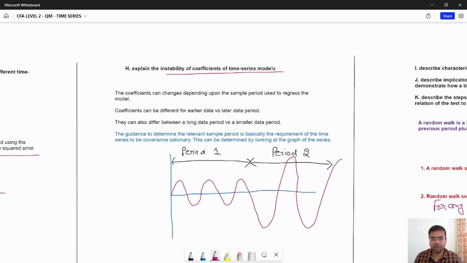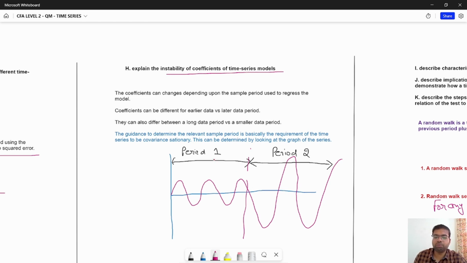The guidance is we look at the graph of the time series and see if the particular data period looks different. Just as in this graph, the period 1 data looks different from the period 2 data, although it is the data for the same time series, but the variance and the mean values for period 1 are totally different from those of period 2.